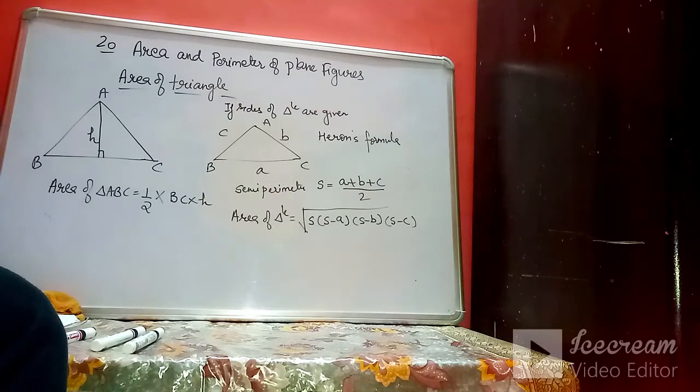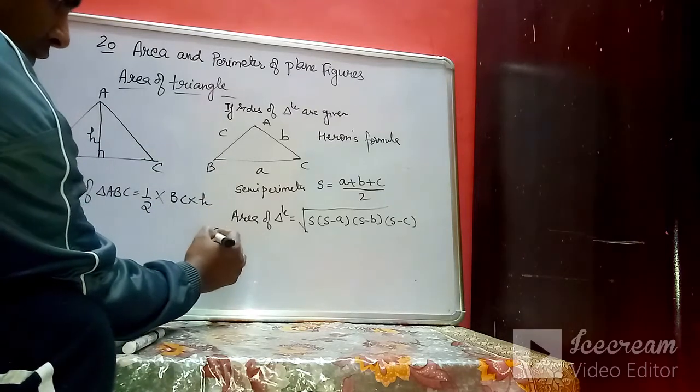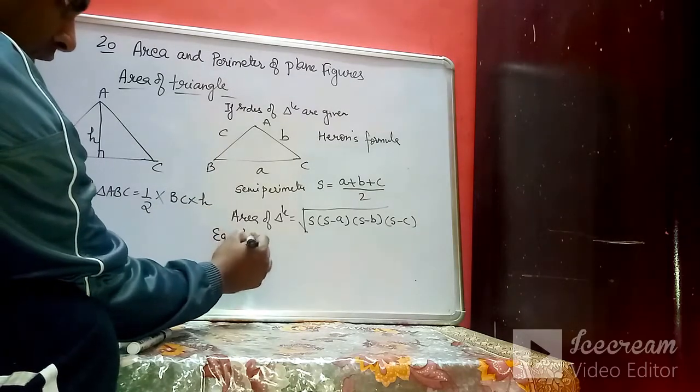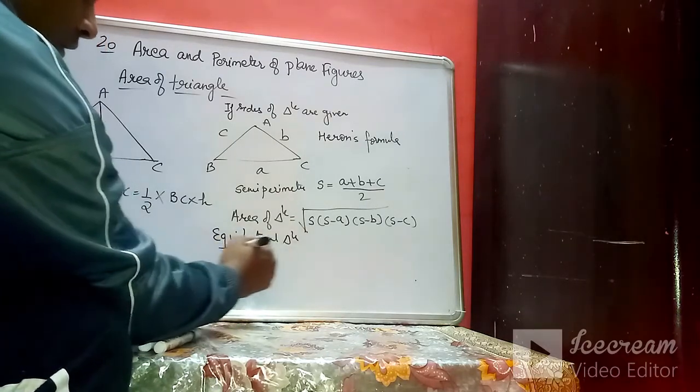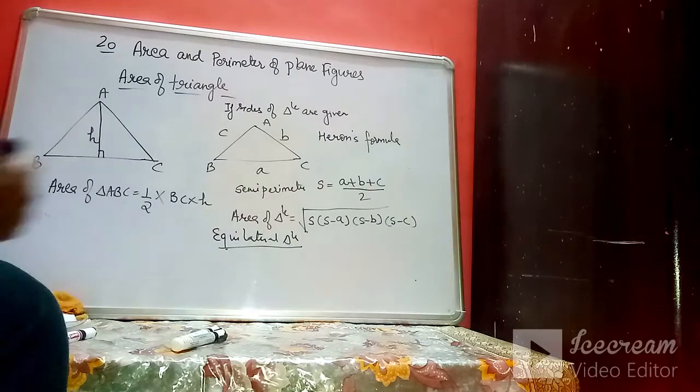And if base is given and height is given, then in that case you can use the same formula, that is half base into height. Now some special types of triangles are there. Suppose you want to calculate the area of an equilateral triangle. We knew that in an equilateral triangle all sides are equal to each other.